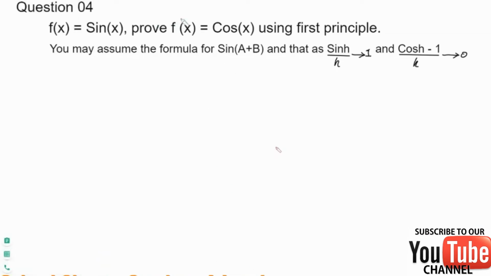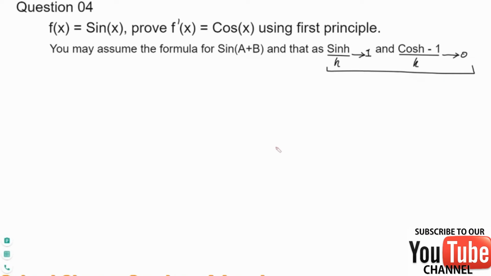So what is f dash x, right? f dash x is the derivative. So f dash x is cos x using the first principle. You may assume the formula for sin a plus b, and that sin h over h is 1, cos h minus 1 over h goes to 0. So these two formulas, you can take as given in the question.